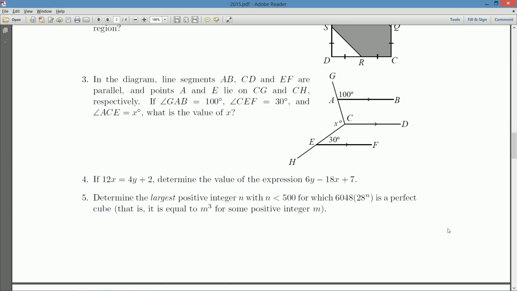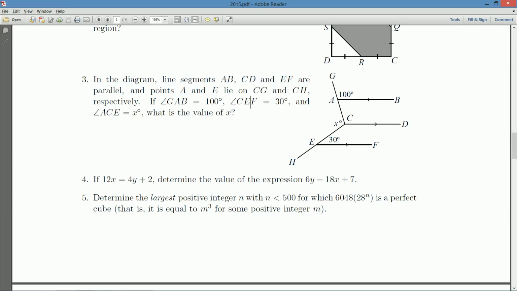So what does question 3 say? In the diagram, line segments AB, CD, and EF are parallel. So here we have AB, CD, and EF. And points A and E lie on CG and CH.